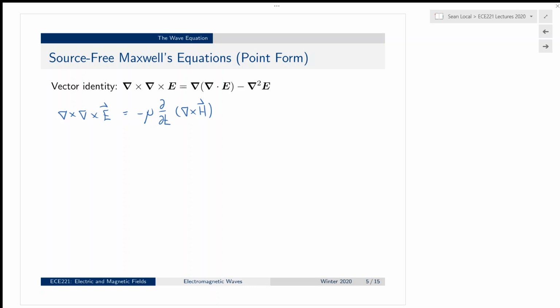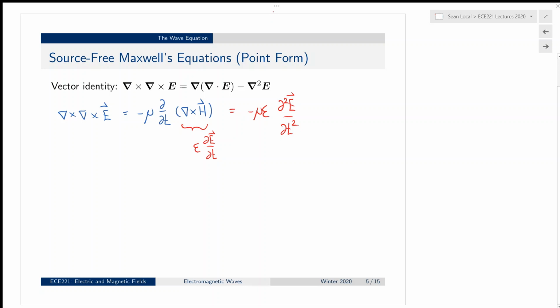Now, we also know from the previous slide that the curl of H is related to the time derivative of E. This was equal to epsilon times the partial time derivative of the electric field. So let's substitute this in. On the right-hand side, we're going to get minus mu times epsilon times the second partial derivative of E with respect to time.